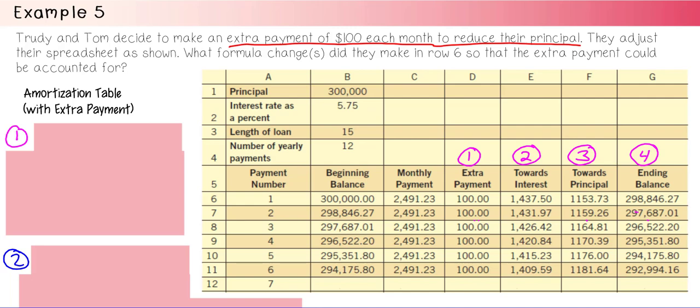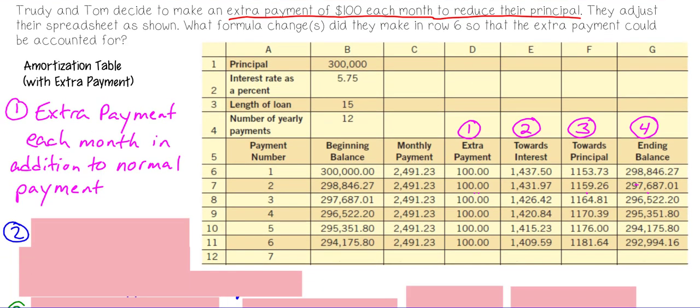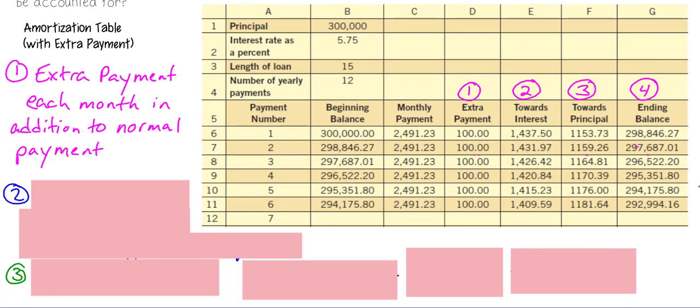Okay, so first off, when we look at this, notice that in column D, where I have a number 1, that's listing the extra payment each month in addition to the normal monthly payment of $2,491.23. Now, how does this affect everything after?